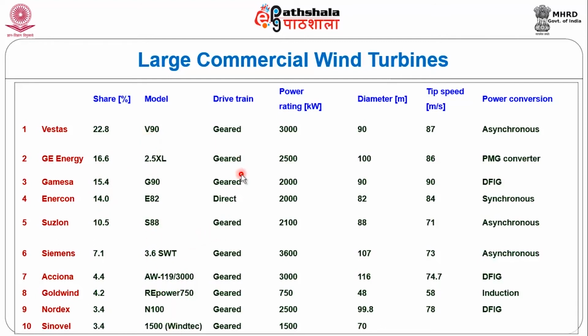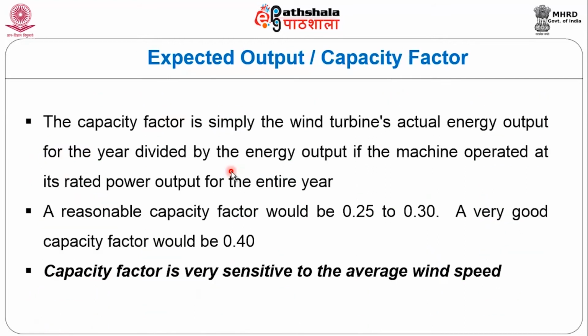This is the drive train and the power rating of the machines, 3 megawatt and 2.5 megawatt, quite high capacity machines from 2 megawatt, 3 megawatt. It has become very common. This is the diameter of the rotor blade, the tip speed, and the power conversion. So, these are the large commercial wind turbines, and the expected output, the capacity factor.